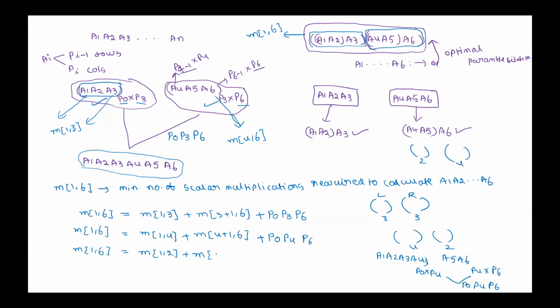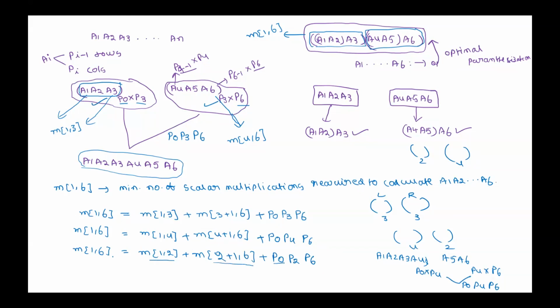Left side 2, right side 4. Is that correct? Because left side 2 means M1,2, right side means the remaining 4 matrices, M3 to 6.